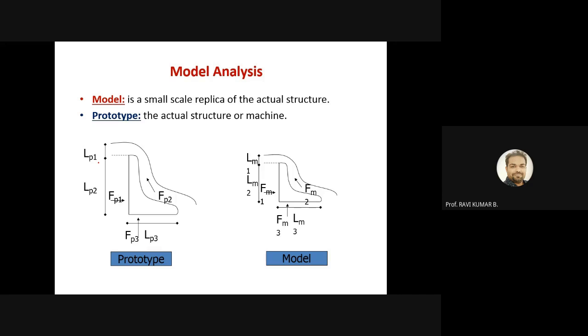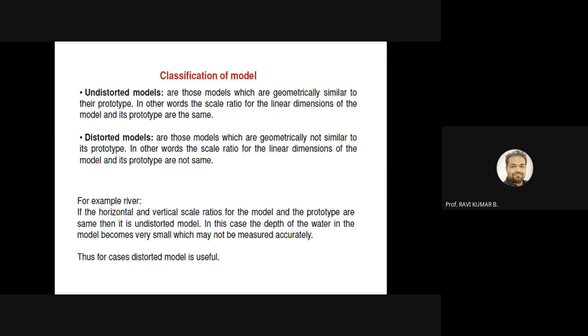When we talk about dynamic similarity, force comes into the picture: different kinds of forces, inertial forces, viscous forces, rotational forces. If the ratio of those forces on the model and prototype has a certain relationship, we say it is dynamic similarity or dynamic similitude. That we will discuss further.